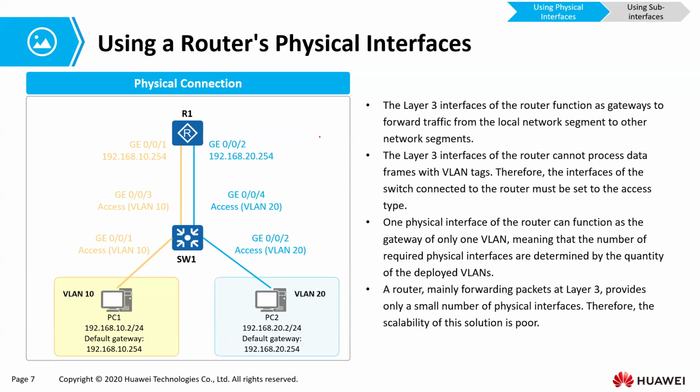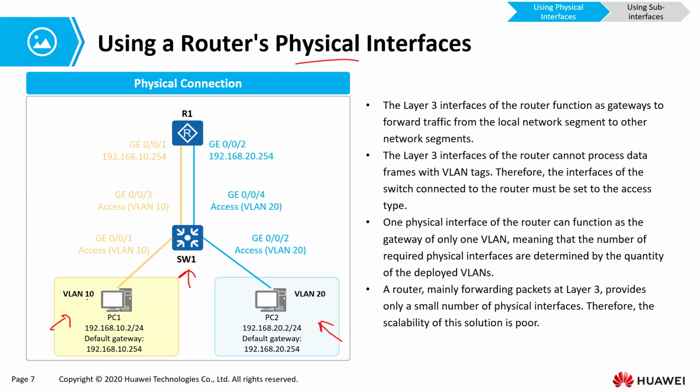If you take a look, we have devices in VLAN 10 here and a device in VLAN 20 here. This is our layer 2 device, our switch. If we don't have this router, we don't have communication between VLAN 10 and 20. By using physical interfaces, we are basically creating two gateways, using two physical interfaces for the respective VLANs.